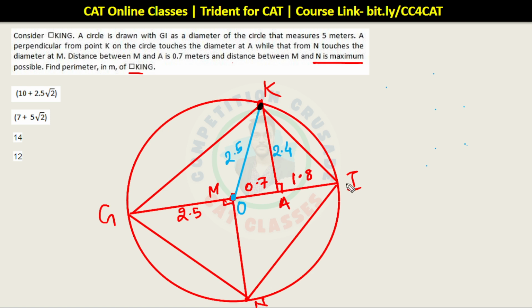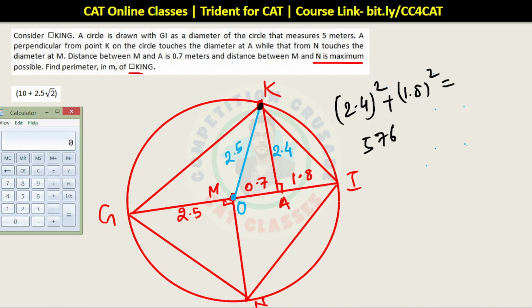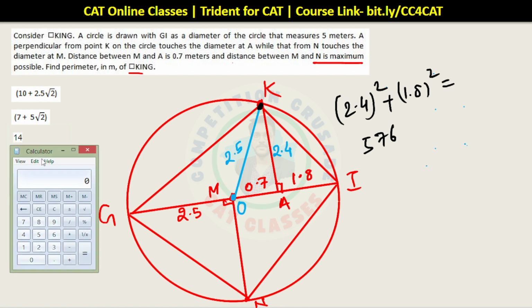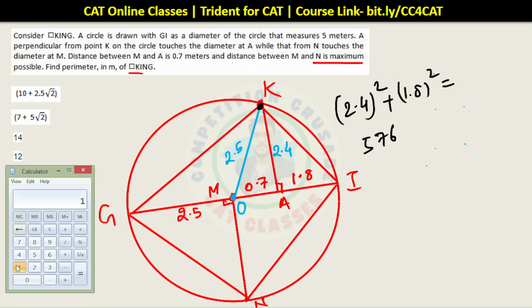So we can calculate this length as well. 2.4 squared plus 1.8 squared will give us the square of this thing. We just calculated 24 squared is 576. 18 squared is how much? I don't know, I have to use the calculator. There is only some amount of knowledge that we all possess. 324, all right.